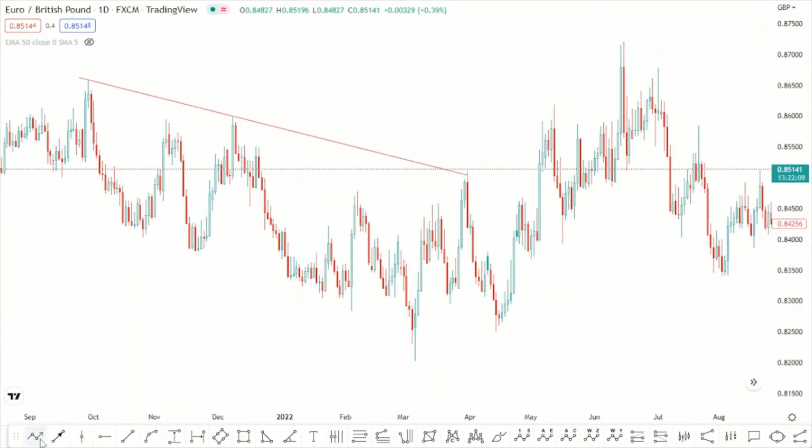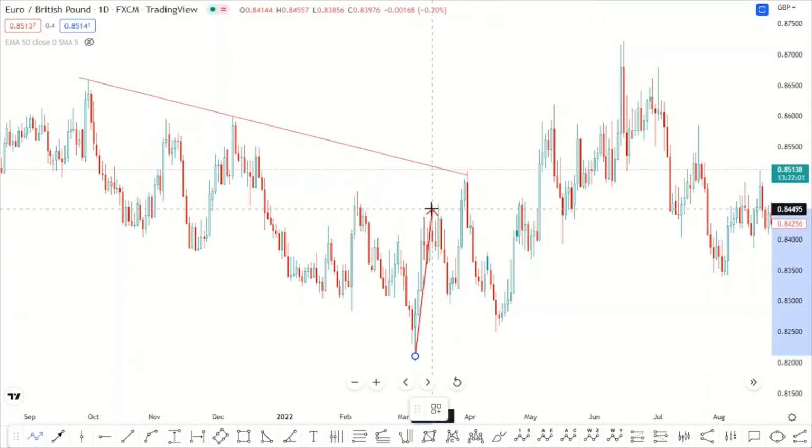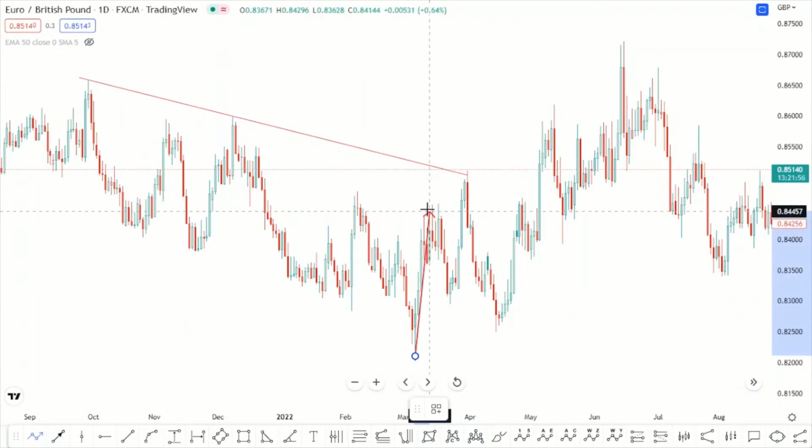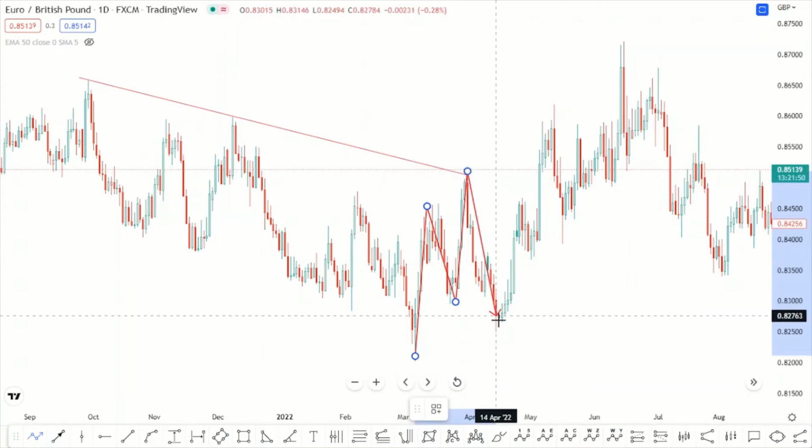As you can see, the structure is not really an impulse, but with its correction, it tends to be an impulse. But at that moment when it didn't fall, it just became a bullish correction that still needs to fall, right?